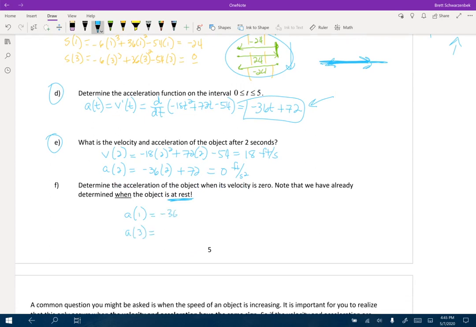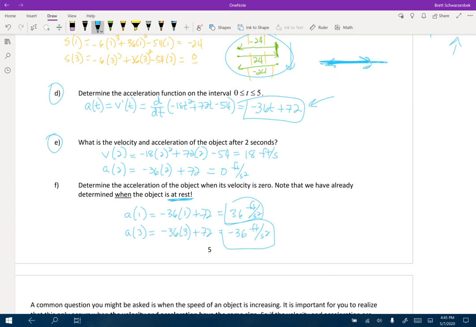Negative 36 times 1 plus 72, and negative 36 times 3 plus 72. This is going to be positive 36 feet per second squared and negative 36 feet per second squared. These are our results. So you just have to be ready for pretty much anything in this section.